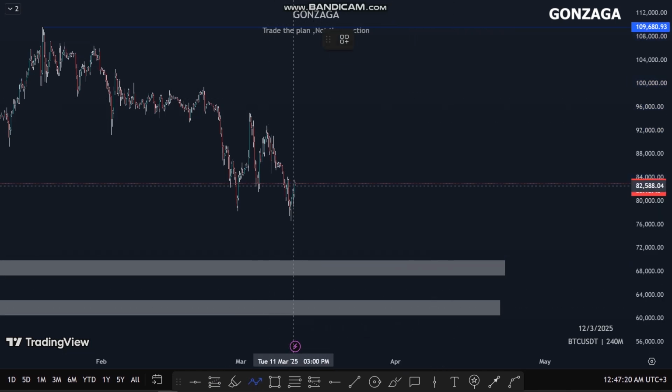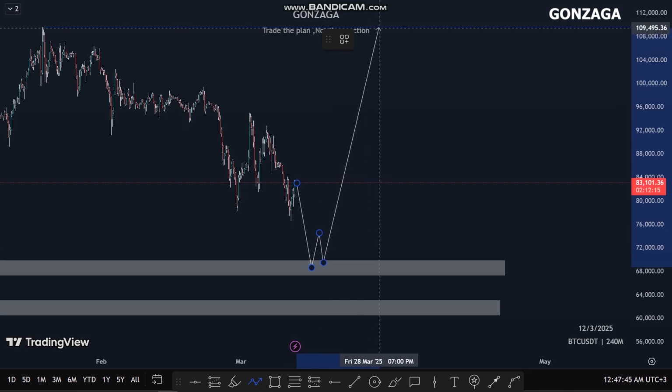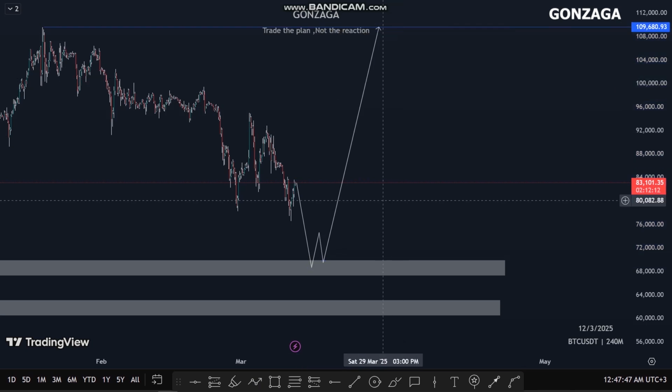When the market reaches this zone, I always go into the 15-minute time frame. I want to see the market reach here in the 15-minute time frame, make an upward move leaving a fair value gap, and come back to retest it. Then that's where I enter from, targeting the last high.